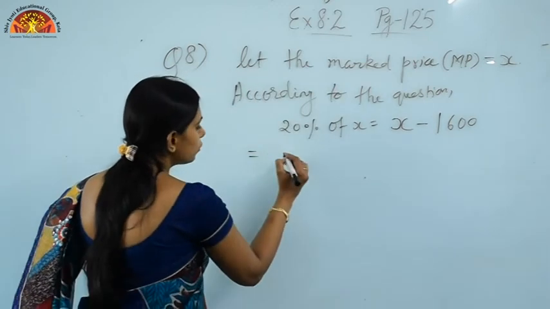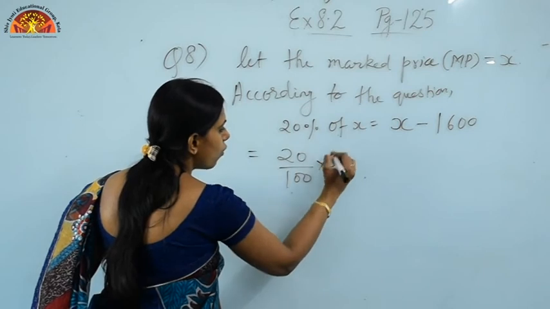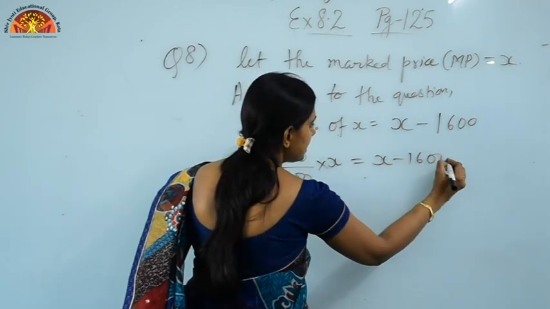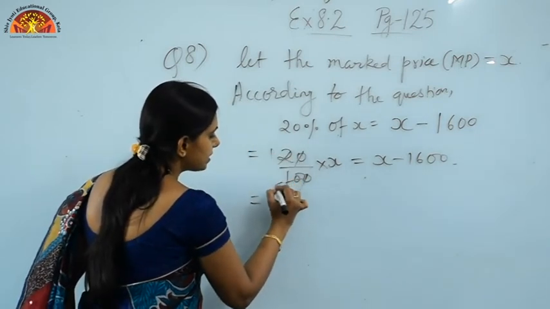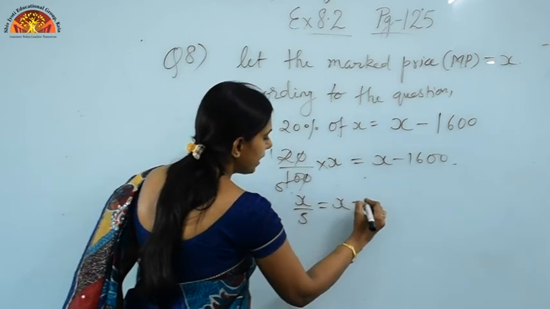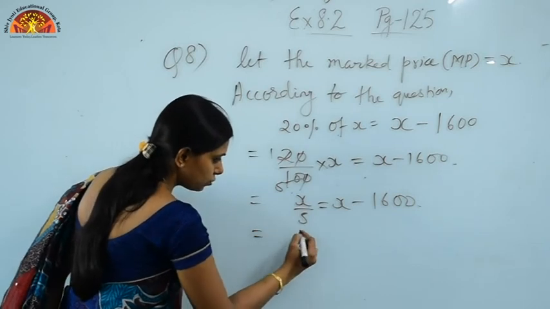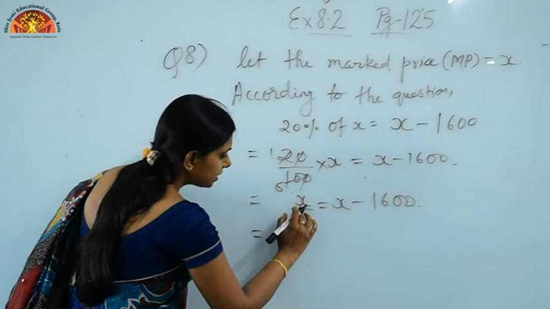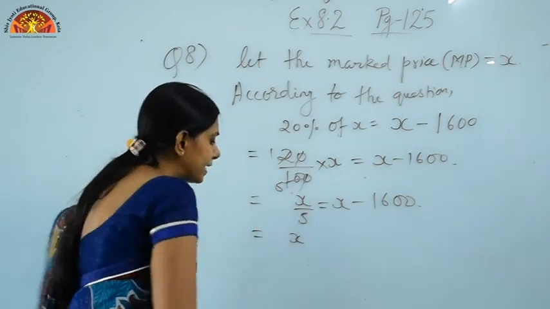So we can write it down: 20 upon 100 into x, of means into x, is equal to x minus 1600. So 2 ones are 2, 2 5s are 10. So x upon 5 is equal to x minus 1600. Now when we take x upon 5 to the right hand side, the sign will get changed.